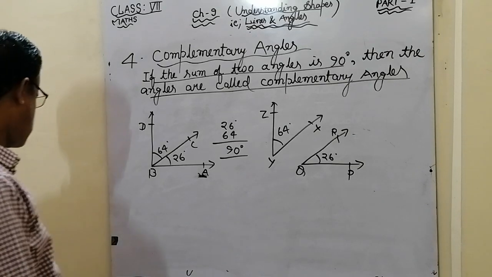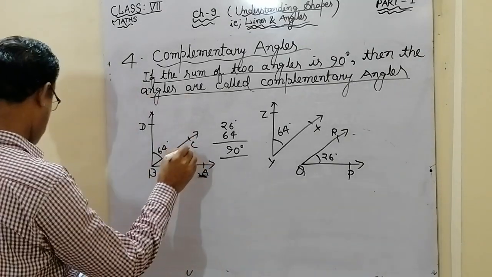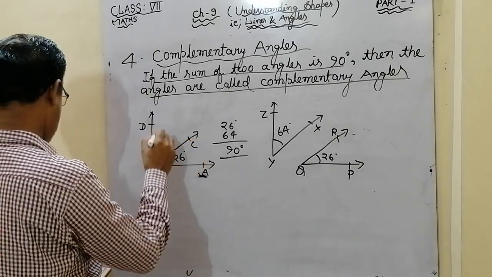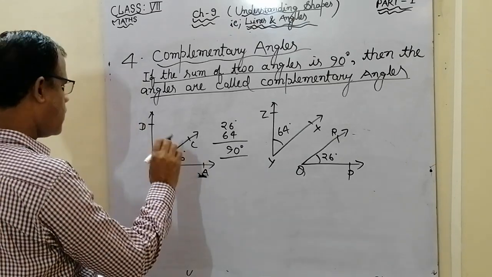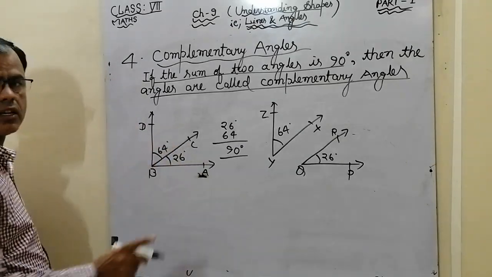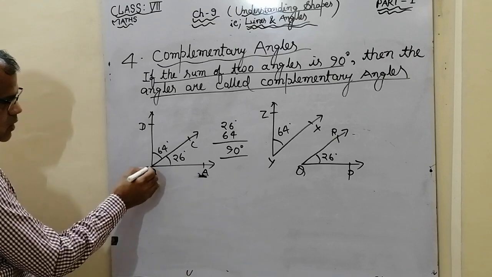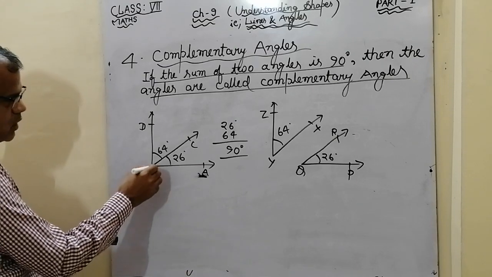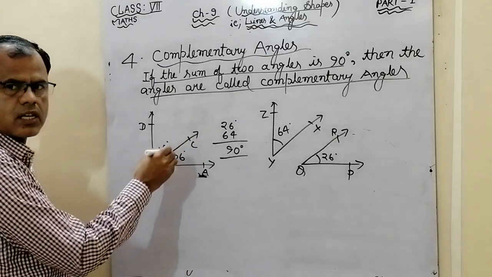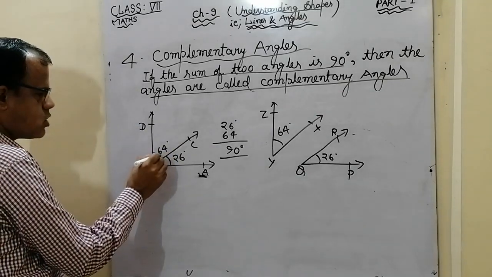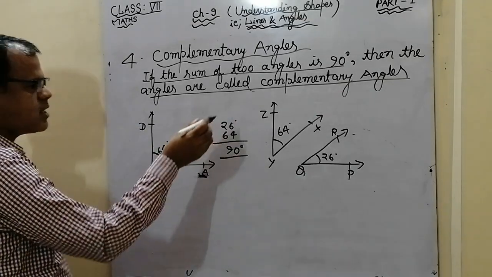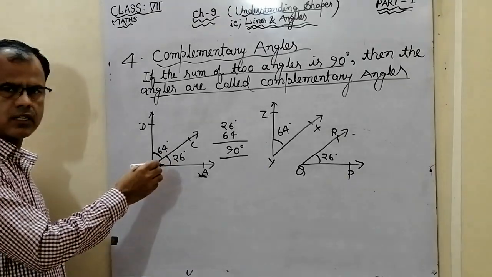So we can say that angle ABC and angle CBD are complementary angles and adjacent angles also, because look here, the common vertex is B and BC is the common side. So this is complementary angles as well as adjacent angles.